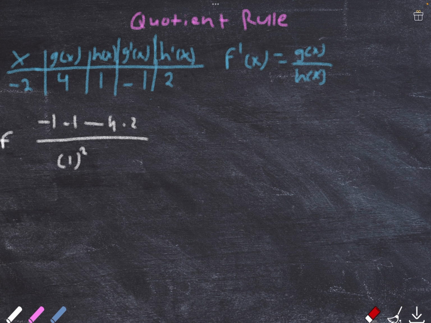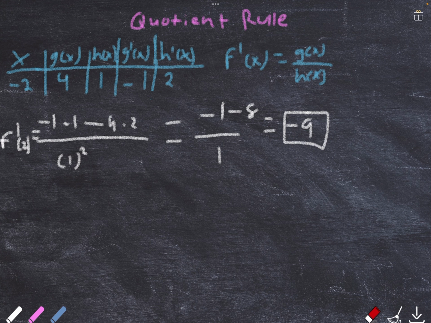So f prime of 2 is equal to this, and using the quotient rule we get negative 1 minus 8 over 1, which is negative 9.